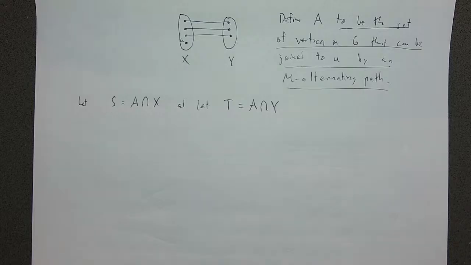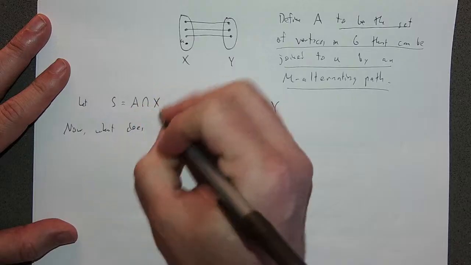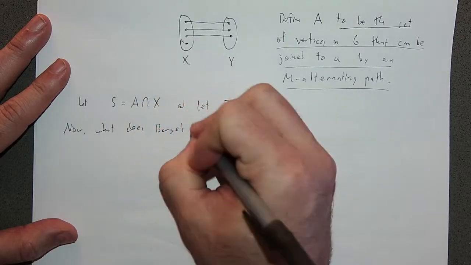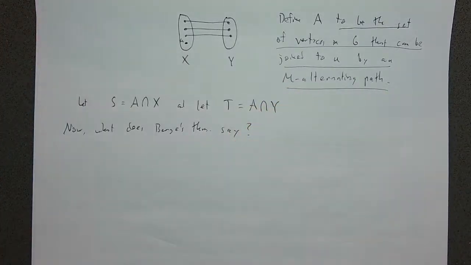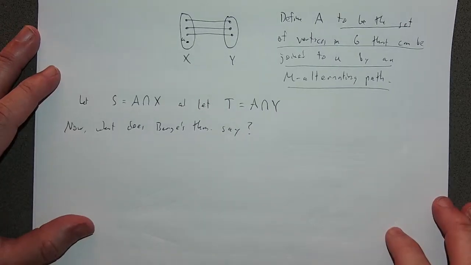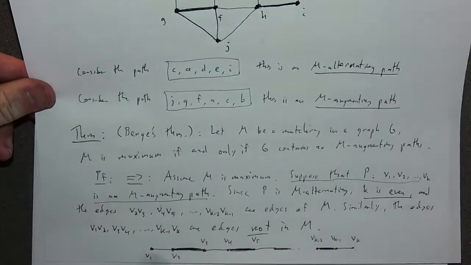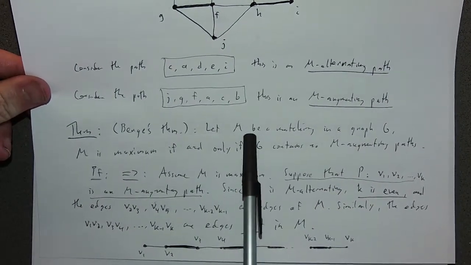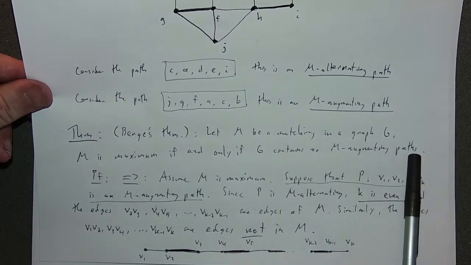Now, what does Berge's theorem say? Again, to remind ourselves of the statement of Berge's theorem: if M is a matching in a graph, it's maximum if and only if it contains no M augmenting paths.